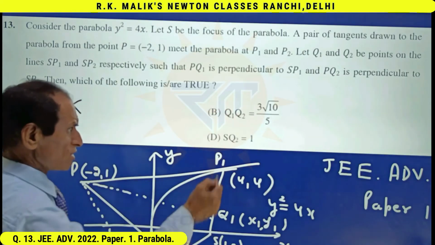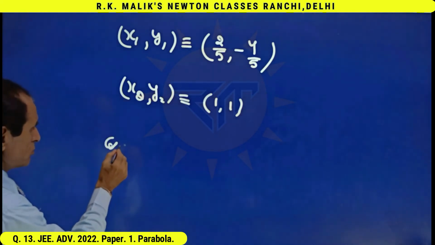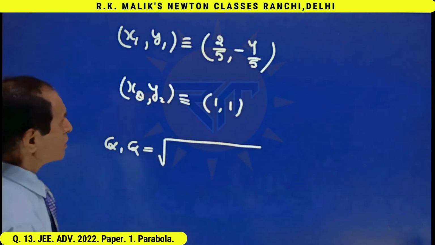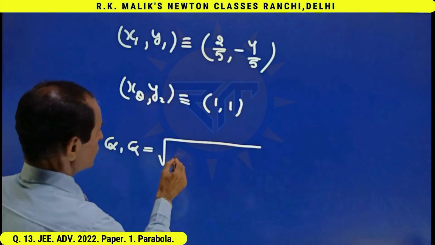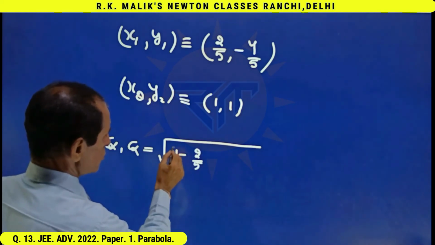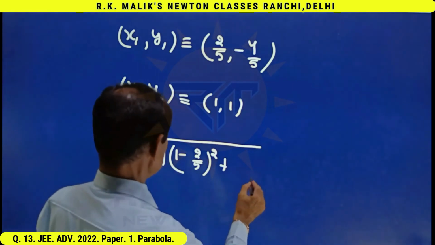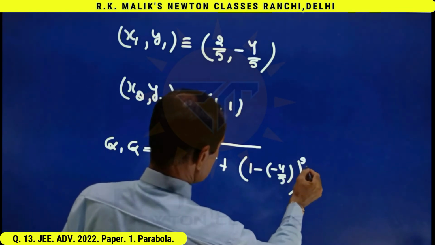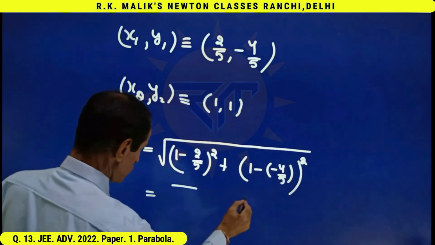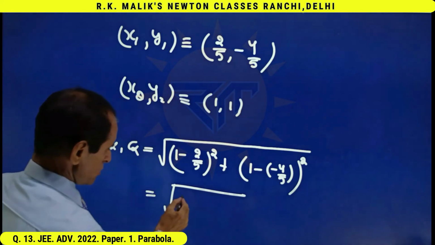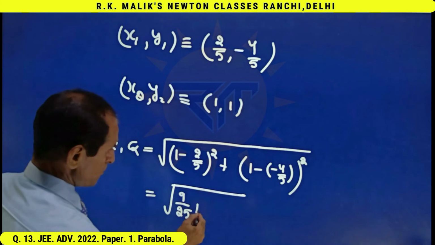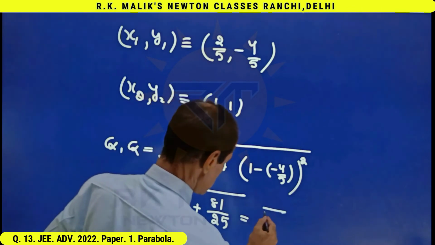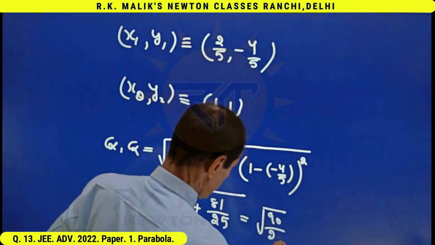And now to check the second choice, I find Q1Q2 by the formula: the square root of (1 minus 2/5) whole square plus (1 minus (-4/5)) whole square, that is equal to the square root of 9/25 plus 81/25, that is the square root of 90/25.